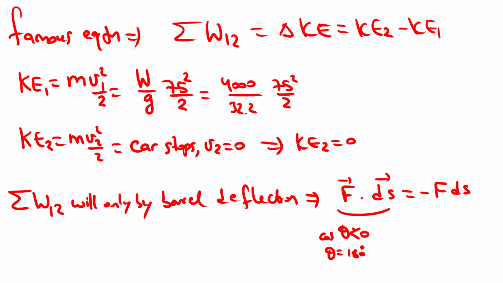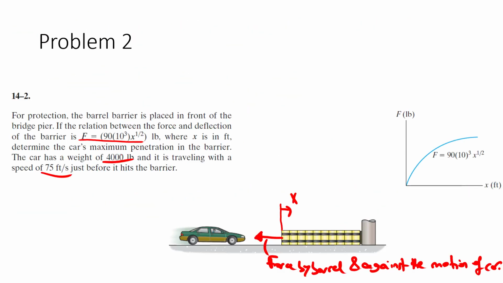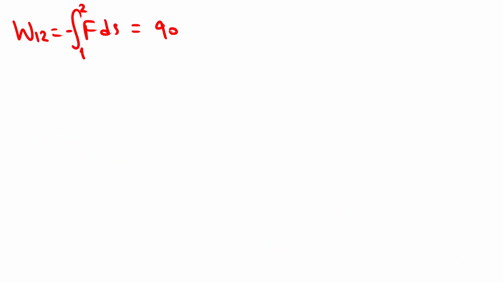Let's do that now. The work from 1 to 2 will be equal to the integral of negative F ds from 1 to 2, where F is given as 90 times 10 to the power of 3 times x to the 1/2.